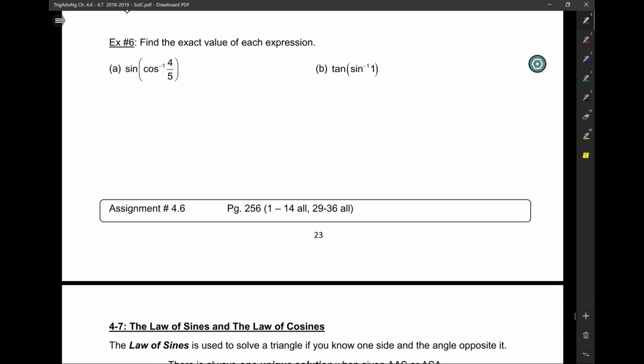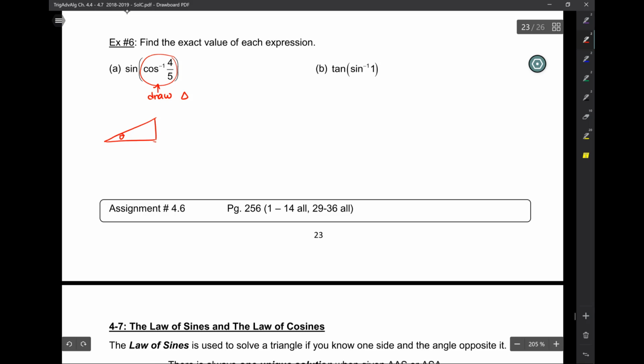So take a look here. I have a sine and an inverse cosine of 4 over 5. Literally, you find the inverse: divide and conquer. I go with the inside. I ignore the sine. Draw a triangle for this. Here is a triangle with an angle theta.